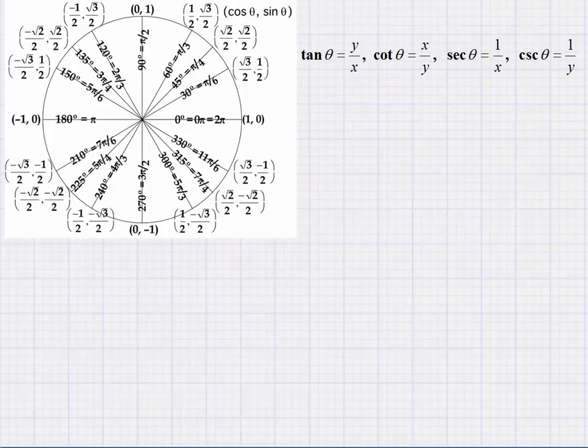So here's our unit circle. You should have this unit circle down by now. You should know what the points are that go with which angles to be able to evaluate these trigonometric functions. So if I said, find the tangent of pi/6, well, here's pi/6.